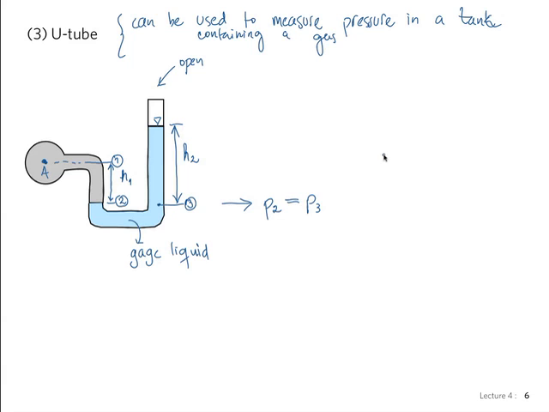So the pressure at point A is the same as at point 1. Pressure at A is equal to pressure at 1.